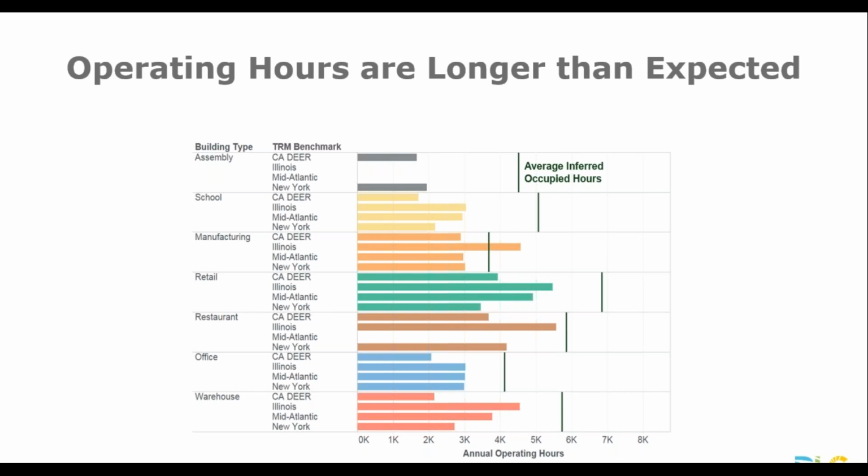We're not entirely sure what the causal mechanism was, but we do see that this is a fairly uniform result. And so we think that this is important to study further with a larger sample size. And if it confirms these initial findings, we think that utility programs could potentially be able to claim these longer operating hours for their network lighting controls, which would then potentially provide larger customer incentives and greater savings claims.